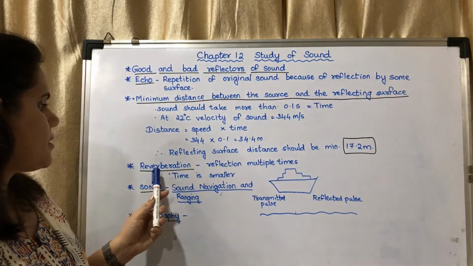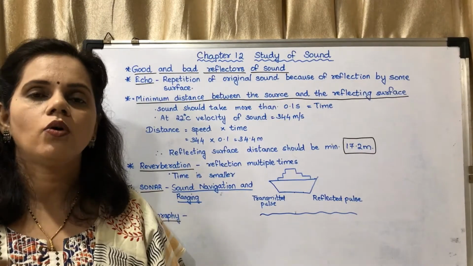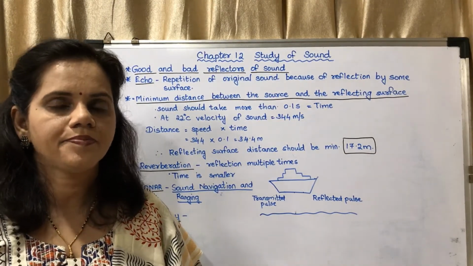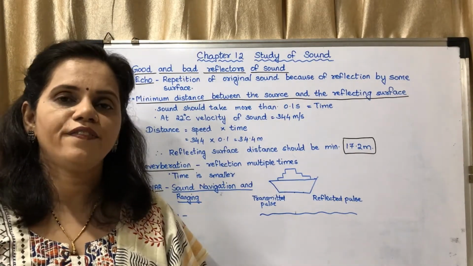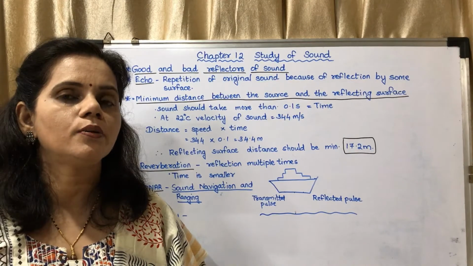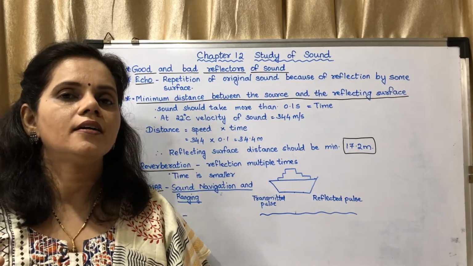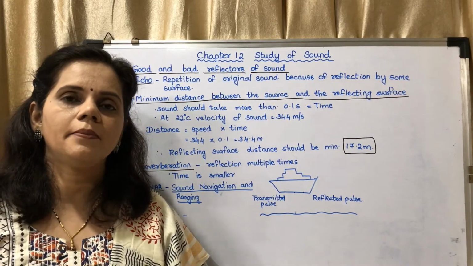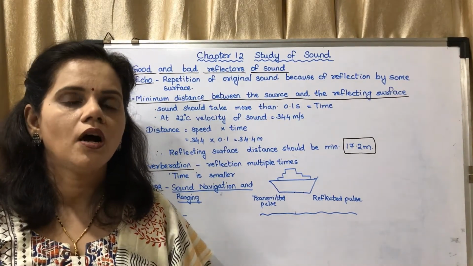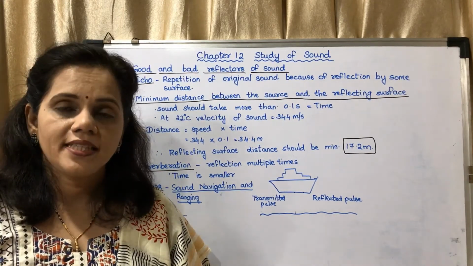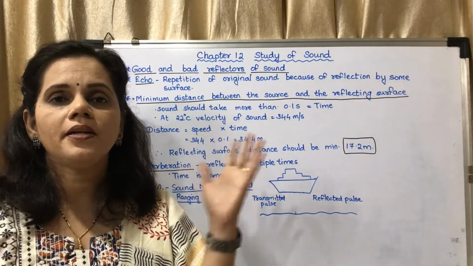Now the next is about reverberation. What is reverberation? Reverberation is a condition where there is reflection of sound, but we are not able to understand the particular statement which the person is talking about. For example, in some auditoriums or halls, when you talk there are multiple reflections.